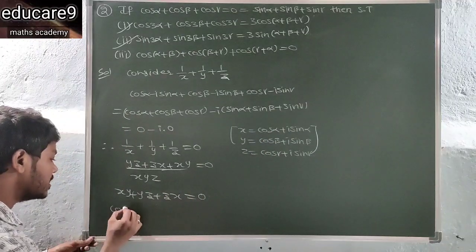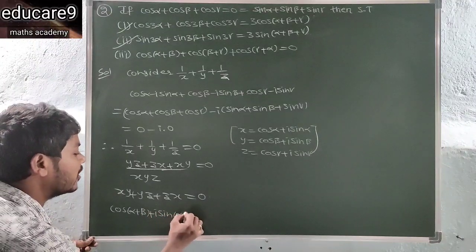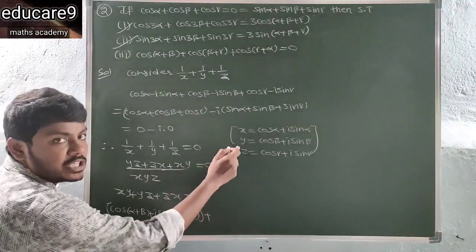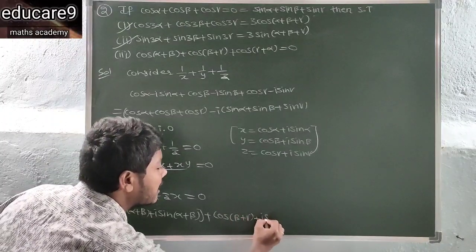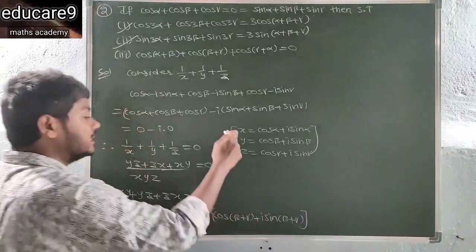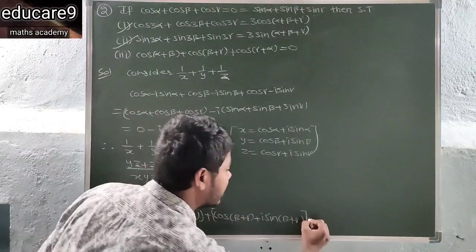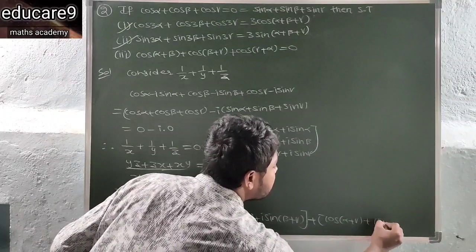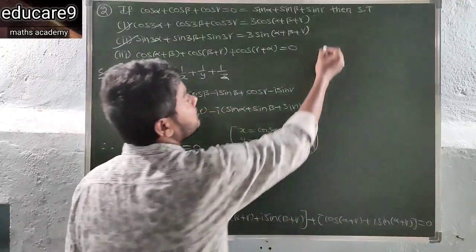See here, that is cos of alpha plus beta plus i sin of alpha plus beta, and yz multiplying these two, so what you get? cos of beta plus gamma plus i sin of beta plus gamma, and again multiplying zx. So what is that? These two. So clearly you get cos of alpha plus gamma plus i sin of alpha plus gamma. This is equal to 0.